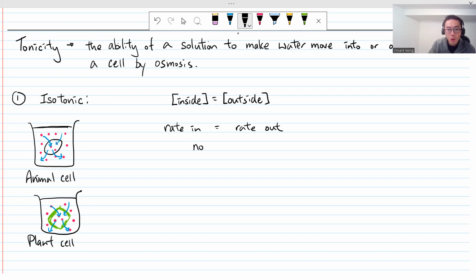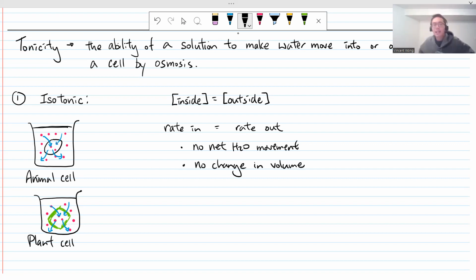So no net water movement, which means no change in volume. When I say rate in and rate out, I'm talking about the rate that water is coming into the cell and the rate that water is leaving the cell.